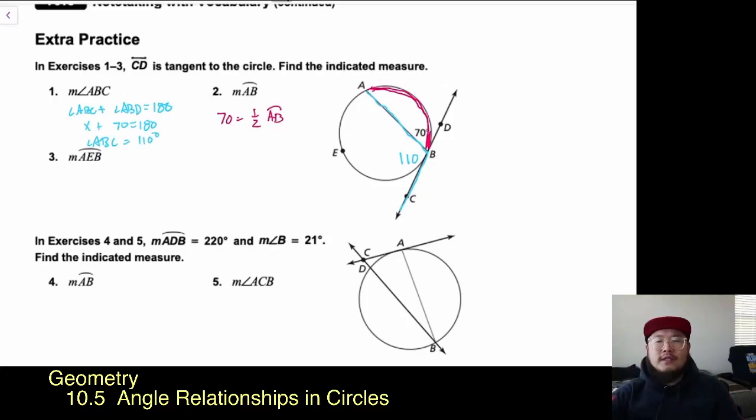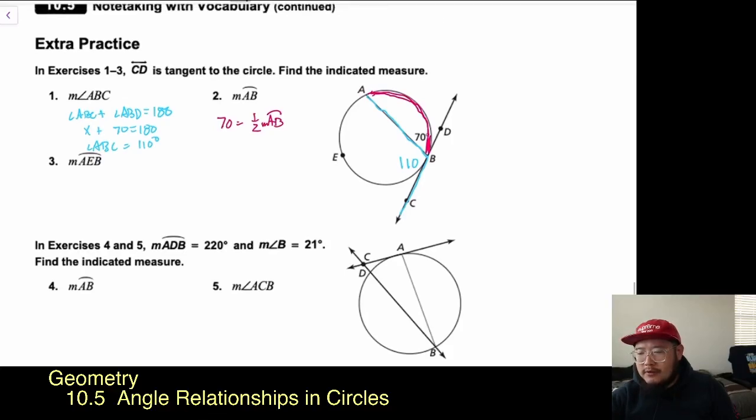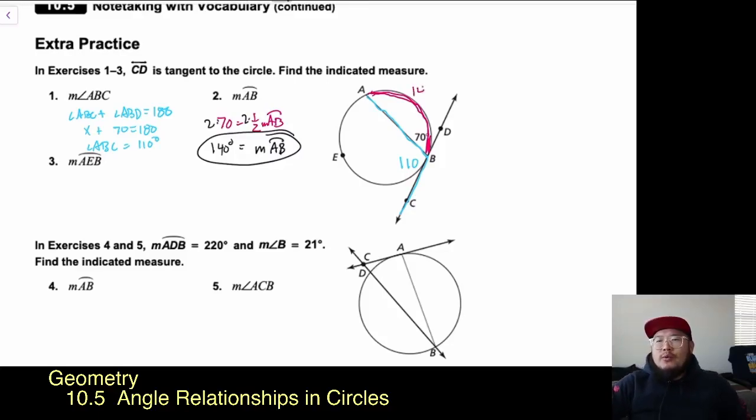So in order for us to get the measure of arc AB, I'm going to need to multiply both sides by 2 to get rid of that 1/2. And so the measure of arc AB, 2 times 70, that's 140. So that measurement of the arc, I'm going to go ahead and put on the diagram, is 140 degrees.